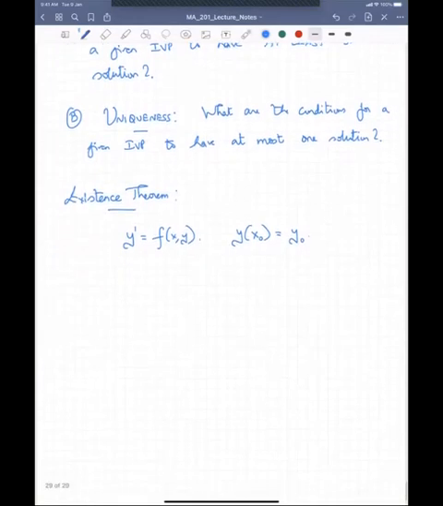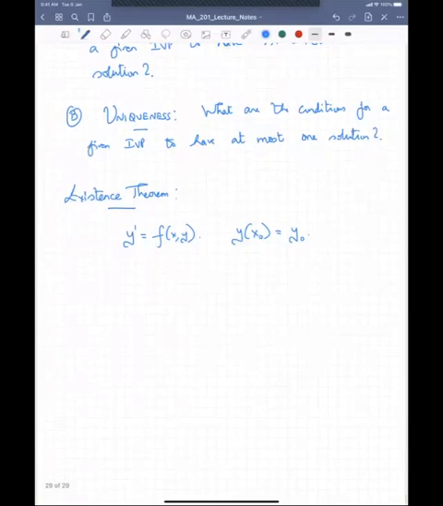The question is, what are the conditions under which there is at least one solution for this initial value problem? The answer is provided by the simple statement that you simply look at the right-hand side of this differential equation, the function f of x, y.